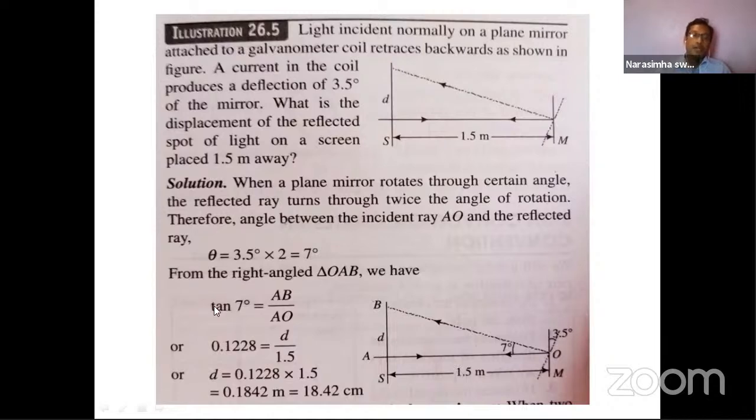The value of tan 7 degrees is 0.1228, and from that you can calculate D, and the value is 18.42. We used the same first principle that we discussed, and we'll move to the next problem.